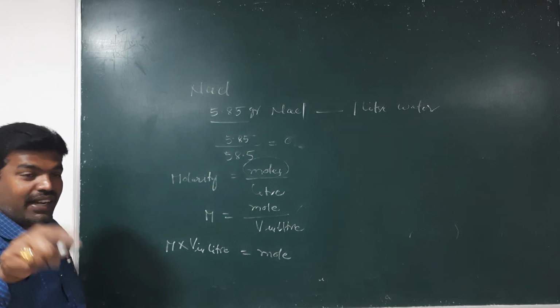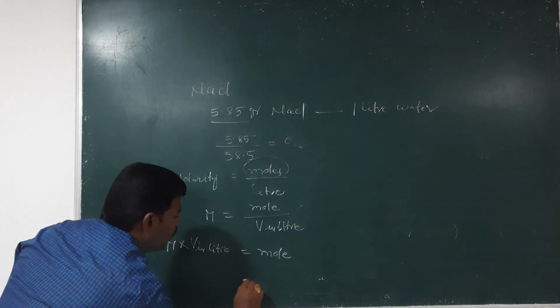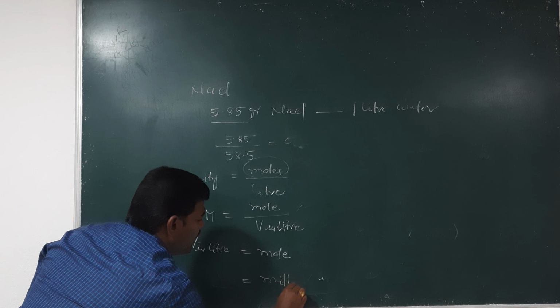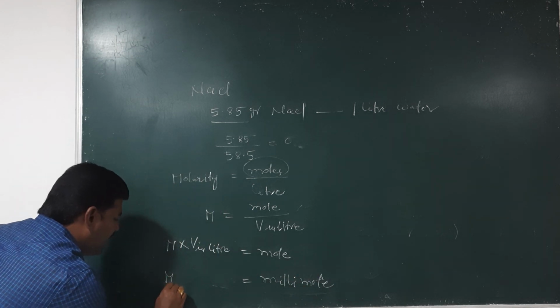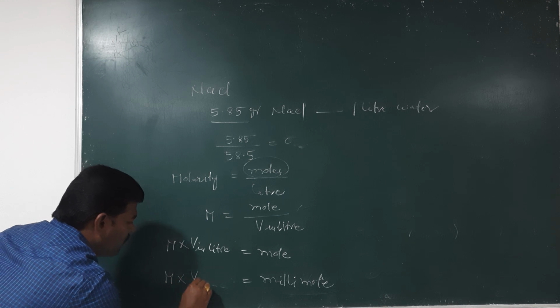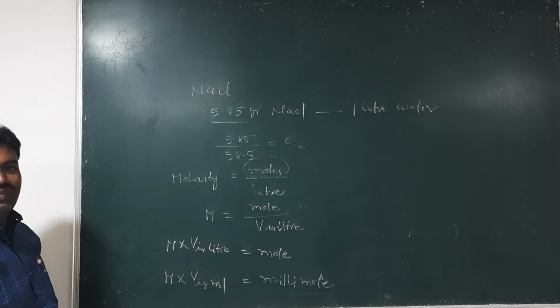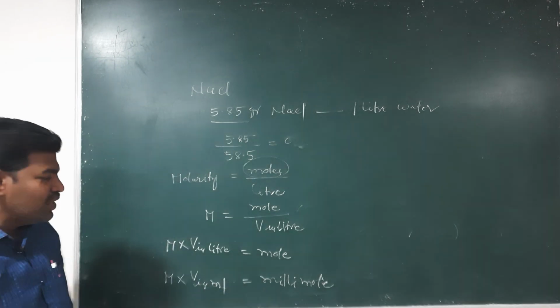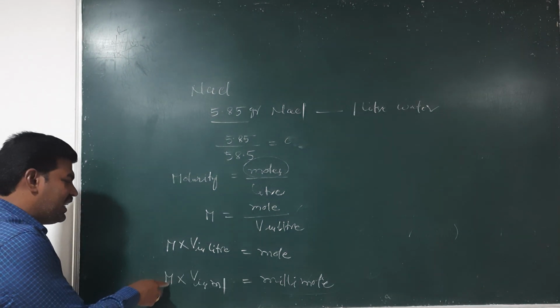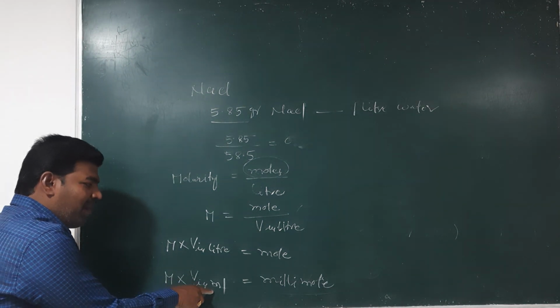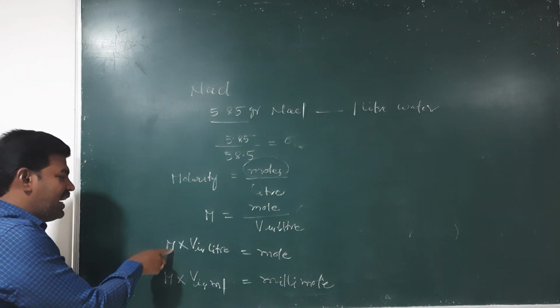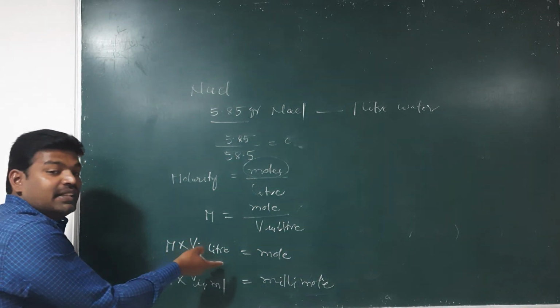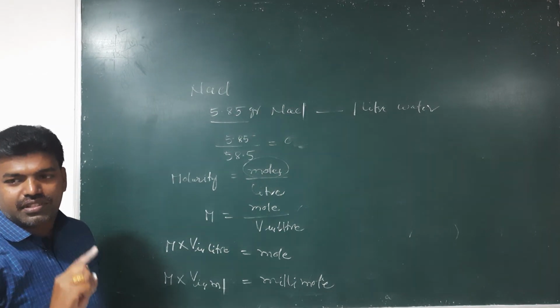Next, we can convert moles into millimoles. Millimoles is equal to molarity into volume in ml. If you multiply the molarity with the volume in ml, that gives millimoles. If you multiply the molarity with the volume in liters, that gives moles.